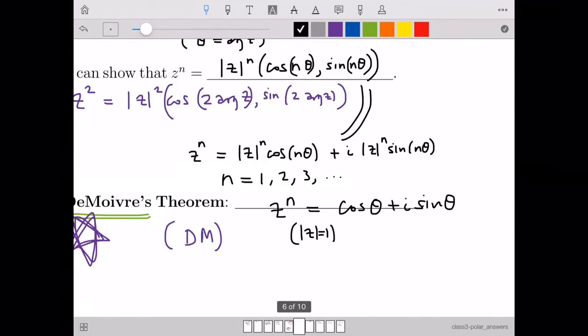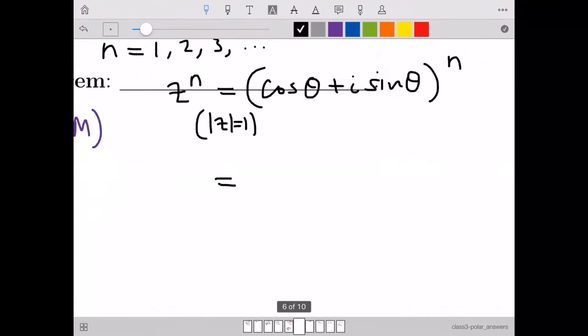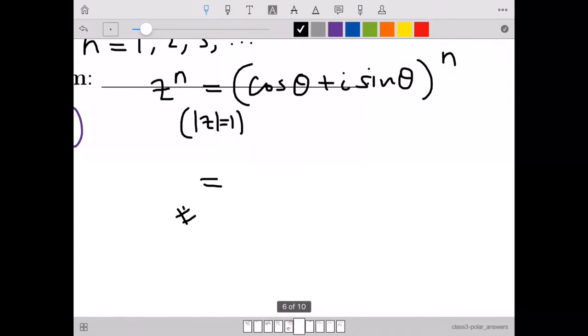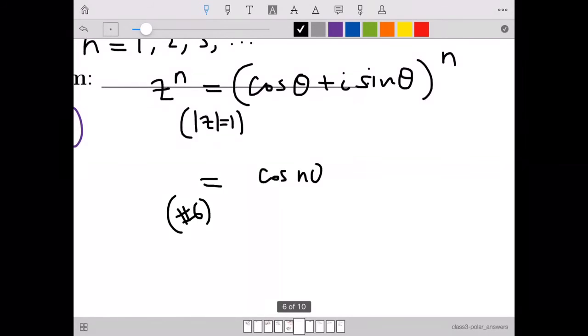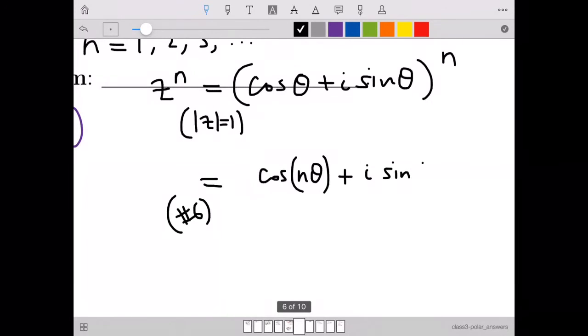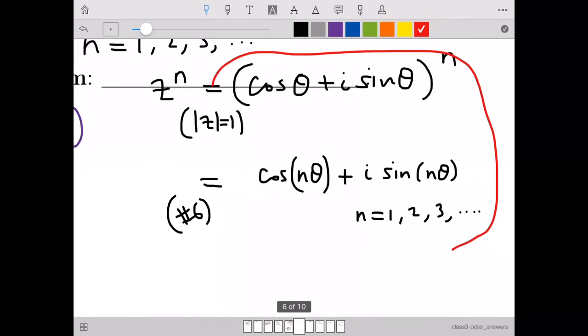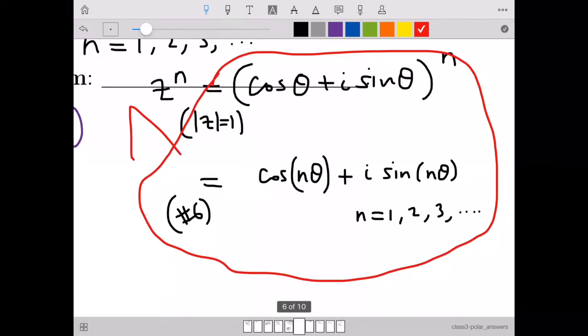Then we have that thing to the power n, and by what we showed in number 6, this is equal to cosine n theta plus i sine n theta for n equal to 1, 2, 3, etc. This is DeMoivre's theorem, and we'll use this as a tool in proving something later.